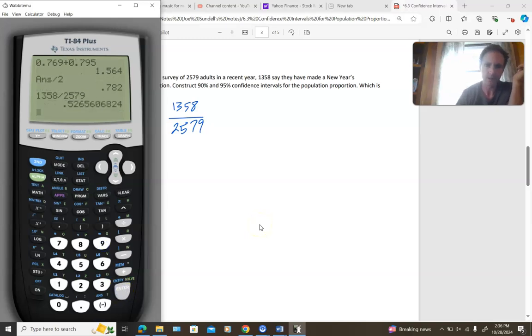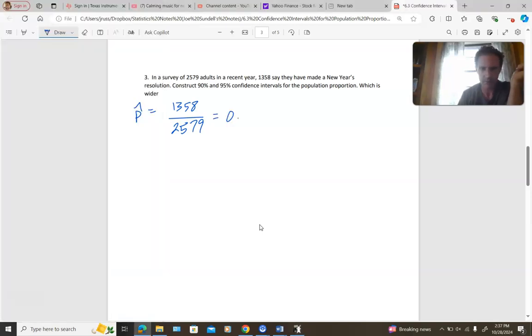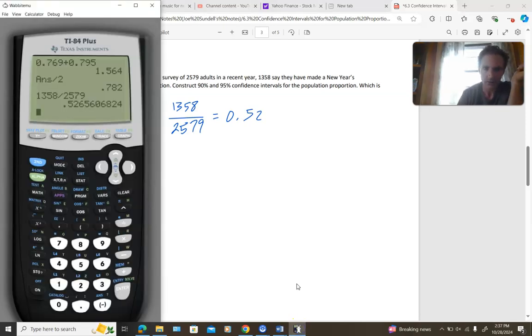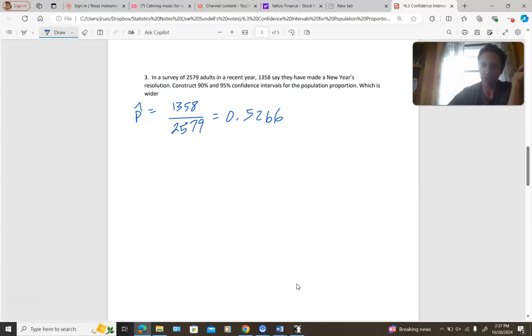I'm going to carry this to 4 decimal places, and part of the reason is because I still need to find the margin of error, and so this is going to be a value that I'm using in some future calculations, so I want it to be fairly accurate. So to 4 decimal places, this would be 52.66%.